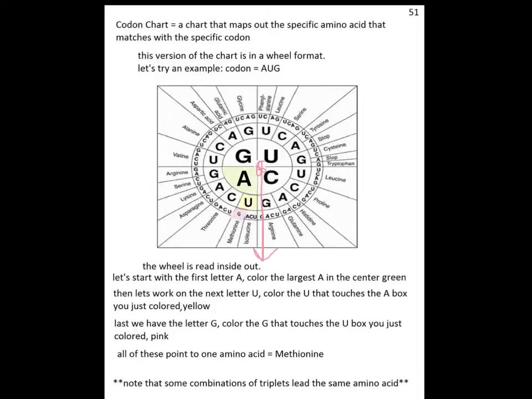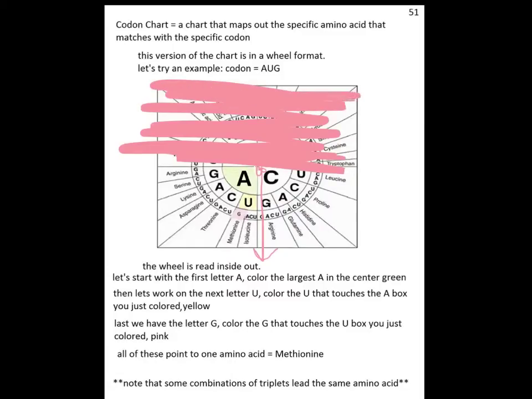Now don't color over yours, but I'm going to color over this so you can visually see what I'm talking about. So like all this stuff up here, not important. Okay? Because none of the letters following the smaller letters next to it are touching the A.